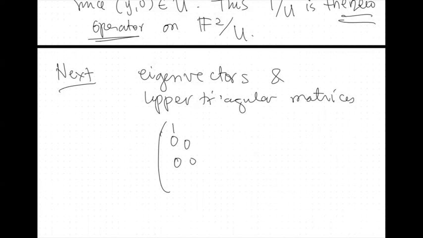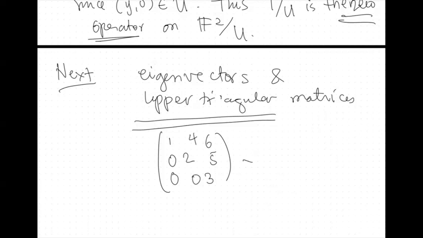For example, we get a matrix with zeros below the diagonal, and only the upper triangle has elements, such as 1, 2, 3, 4, 5, 6.